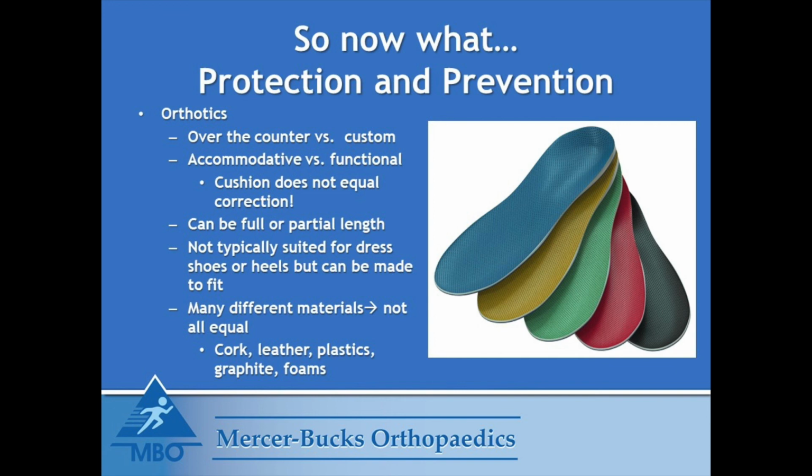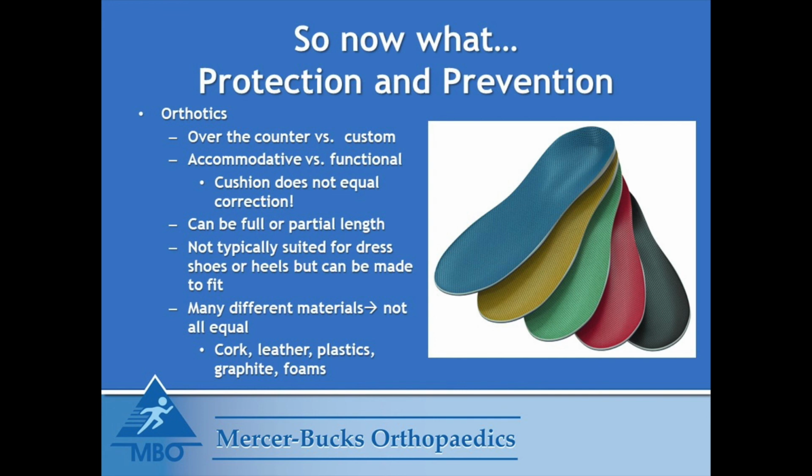I always discuss with the patient the different materials that orthotics are made out of, the different foams and the coverings over the orthotic, because that makes a difference. The hard part of the orthotic, the structural portion of the orthotic, is typically made out of some plastic polymer, some mix of plastics, or also graphite.